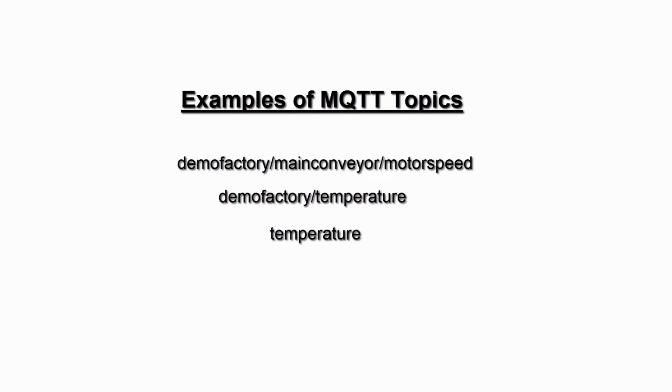Now, there are many protocols that implement this pub-sub architecture, including MQTT and AMQP. However, in this course, we are going to be dealing with MQTT. MQTT has another interesting feature that could be of use in industrial communication. It allows the publisher and subscriber to specify what is called the quality of service, or QoS.